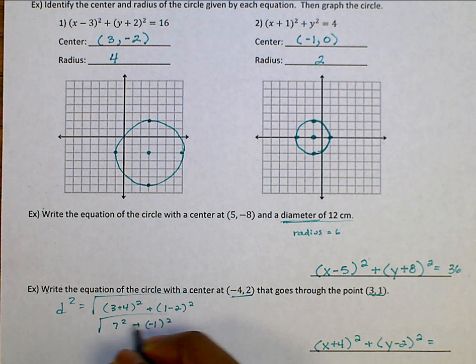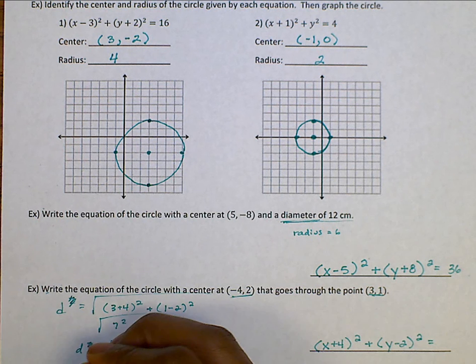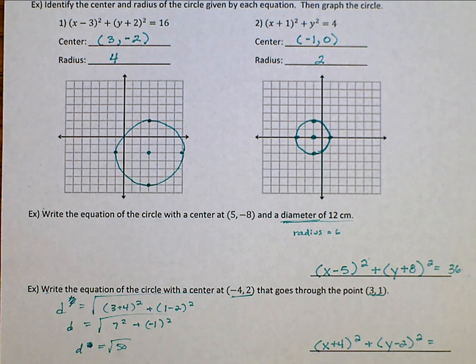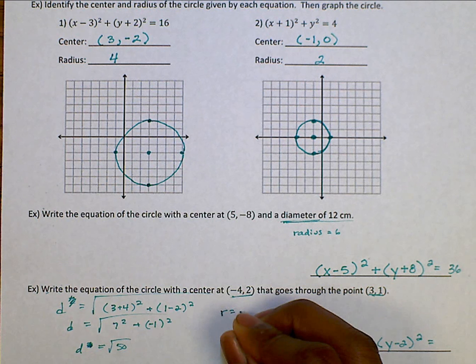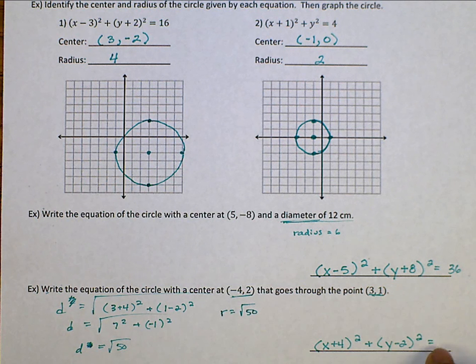So 49 plus 1 gives us 50. So our distance is radical 50. Since our distance is radical 50, that would be our radius. In order to put it into this equation, remember this equation has radius squared, and so we square radical 50 and we get 50.